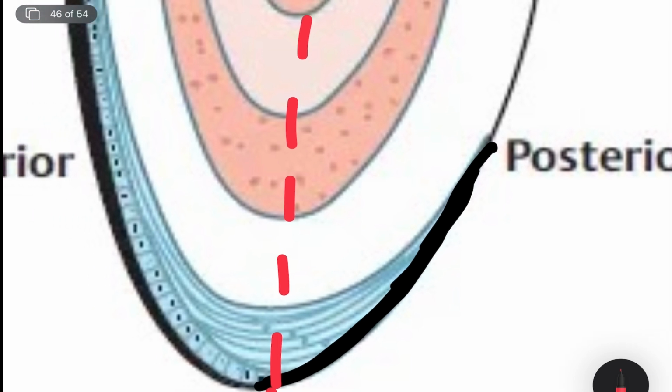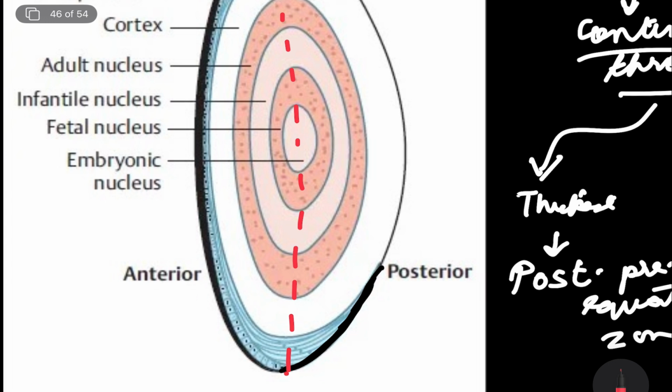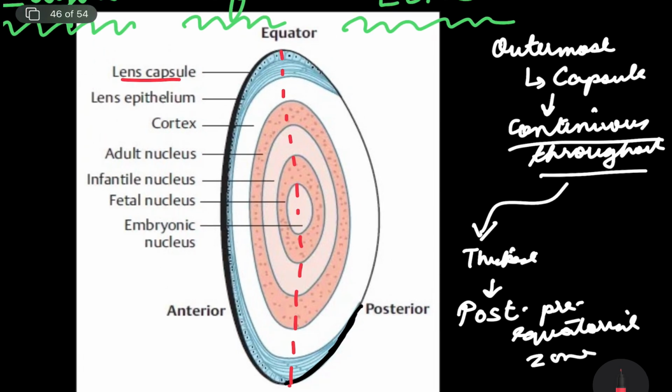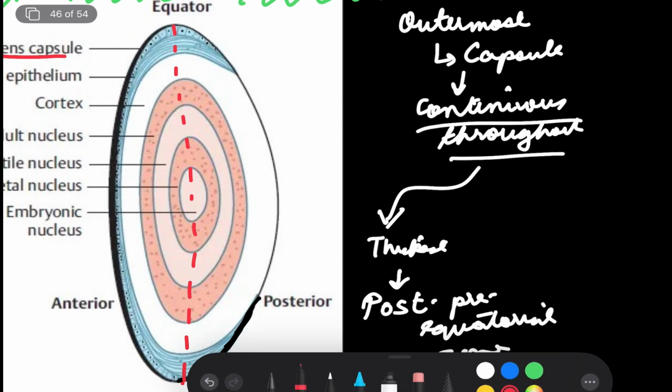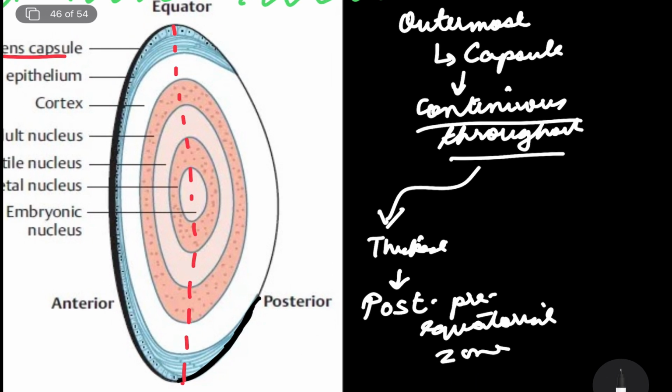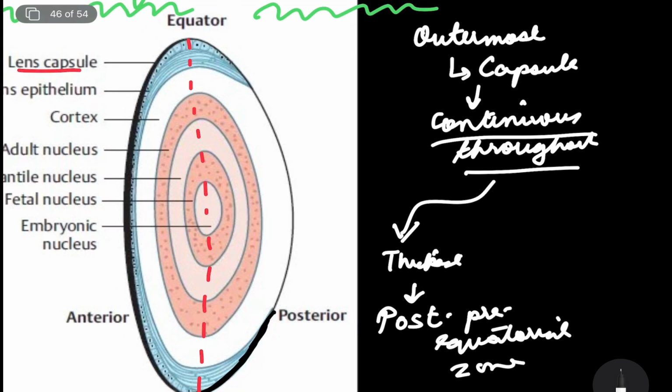I'm just drawing the analogy here so that you can understand where exactly is the posterior pre-equatorial zone and where exactly is the anterior pre-equatorial zone. We are more interested in the posterior pre-equatorial zone because that is where the lens capsule is the thickest.